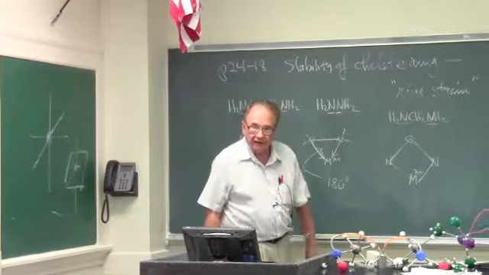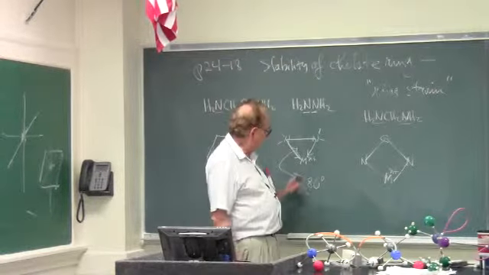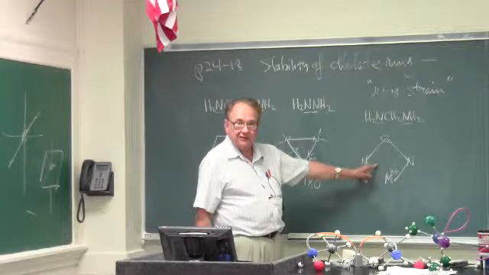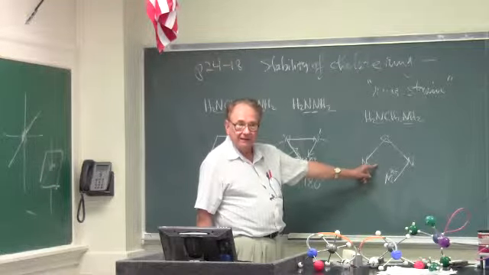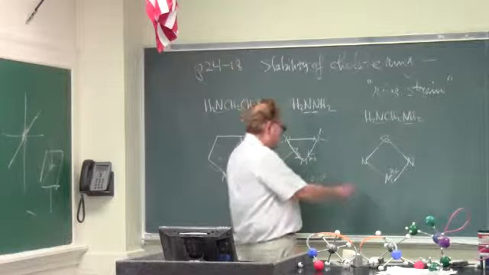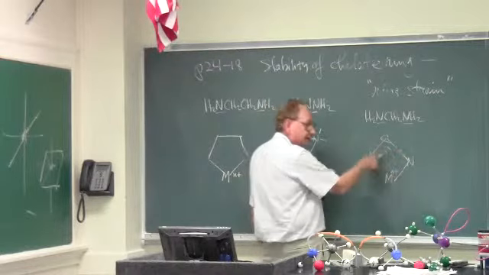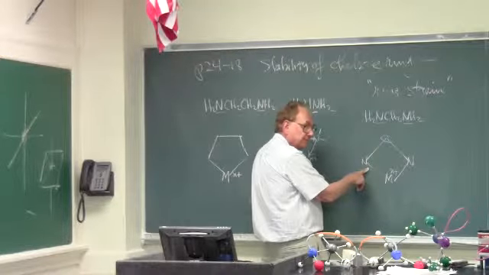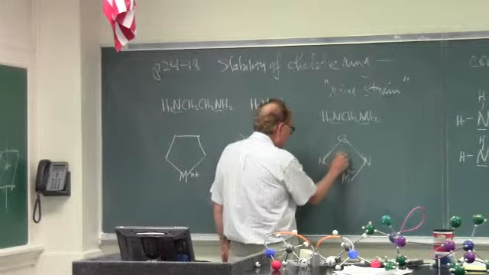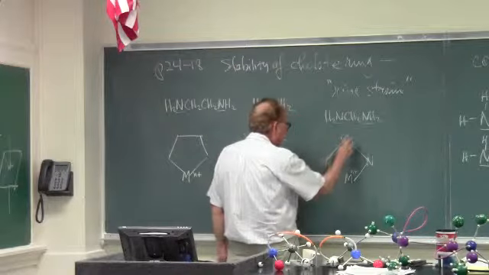How many degrees do you add to this polygon when you add an angle? 180. This, with identical bond lengths and all 90-degree angles, would be a square. sp3, sp3, sp3.